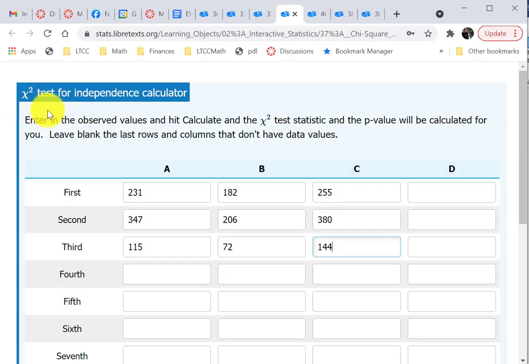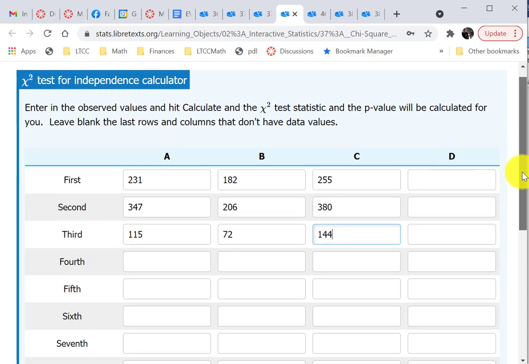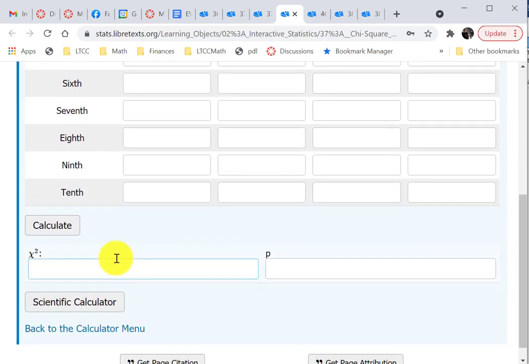So here's the chi-squared test for independence calculator, same one we just used. And I saved you some time and I typed in the table and I just scroll down and I hit calculate. And look at this. Chi-squared is 7.589, etc. The p-value is about 0.1078, etc. So now we go ahead and we can state our conclusion.